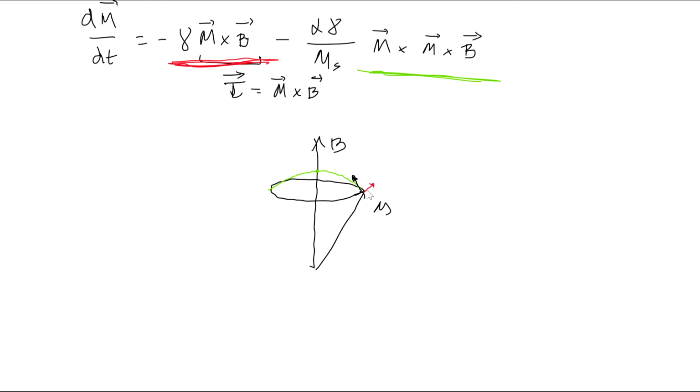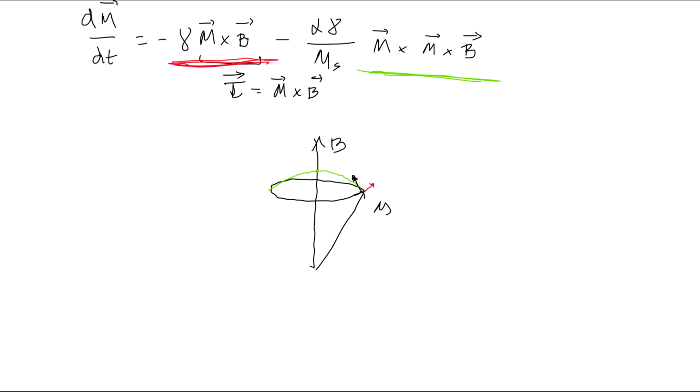Basically, the red torque corresponding to M cross B makes the magnetization precess around the field, and this torque along the green line is a damping torque that pushes magnetization towards the magnetic field. You can regulate it by choosing different materials, and you can change alpha by changing material properties.